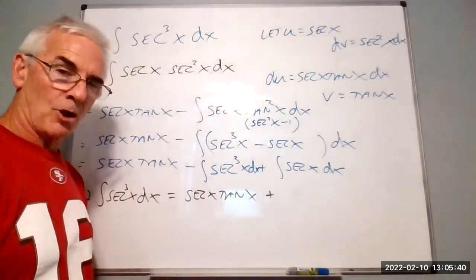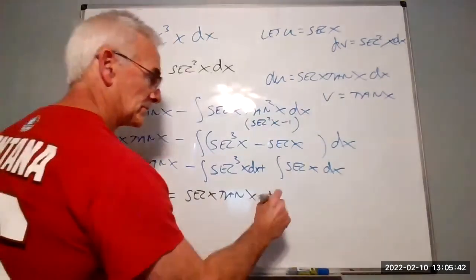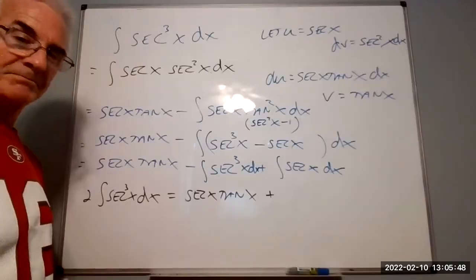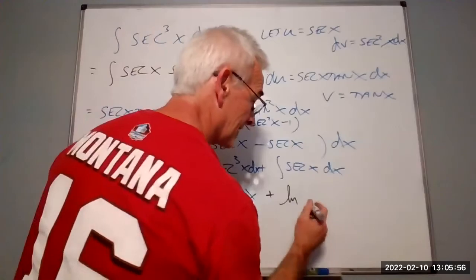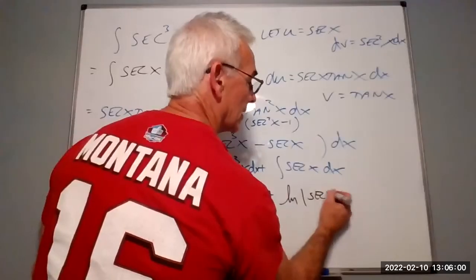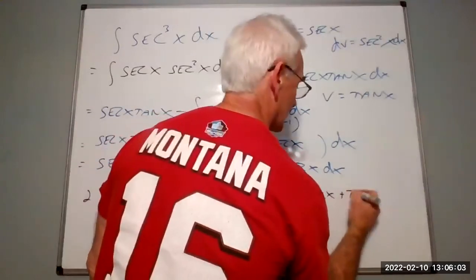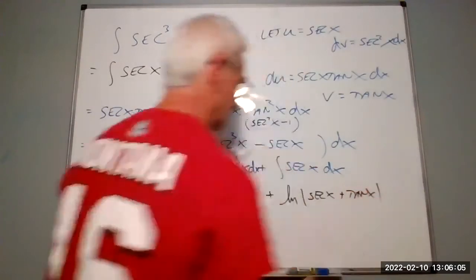It's logish. No takers? That's the log of secant tan x. Log of, I'm sorry, log of what? Secant tan x. Close. Secant plus tan x inside the absolute value.